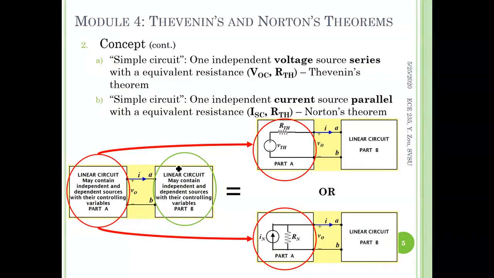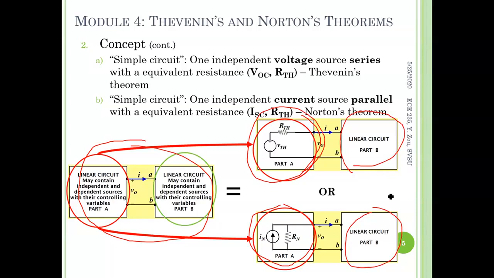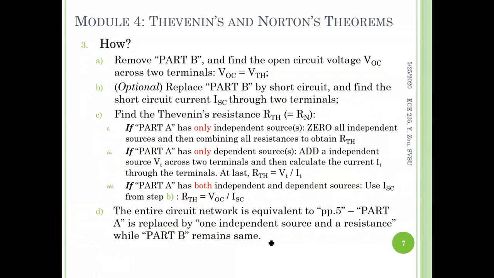The entire circuit is equivalent to a Thevenin or Norton equivalent circuit connecting to the part B circuit, which remains same, untouched. Another thing I need to remind you is in step C, case 2: since there is no independent source, what is the VTH?